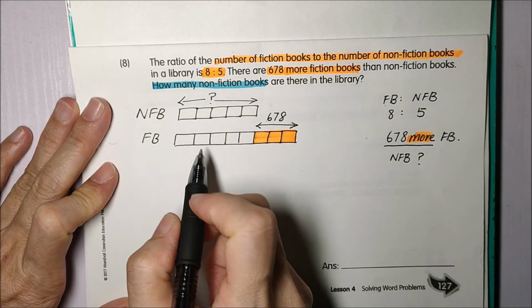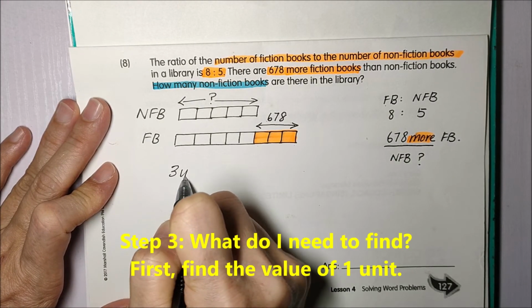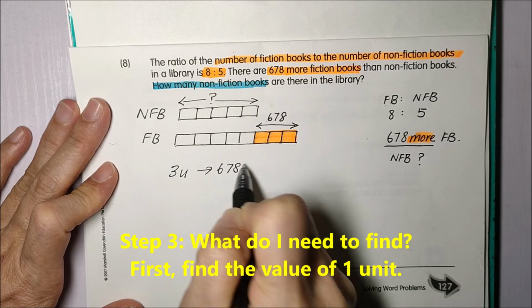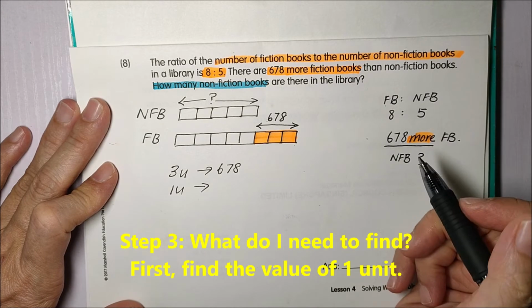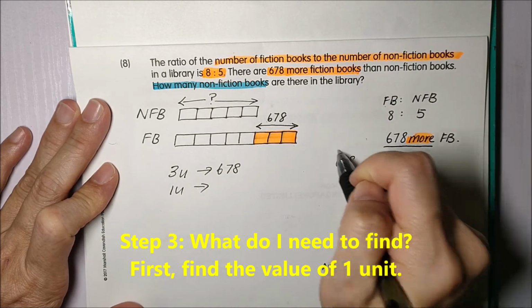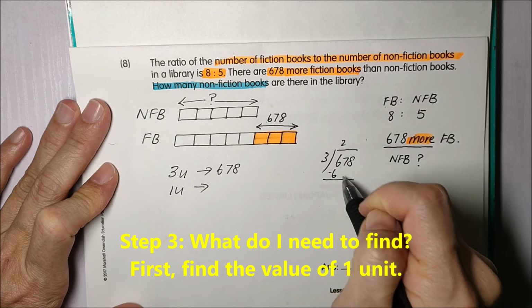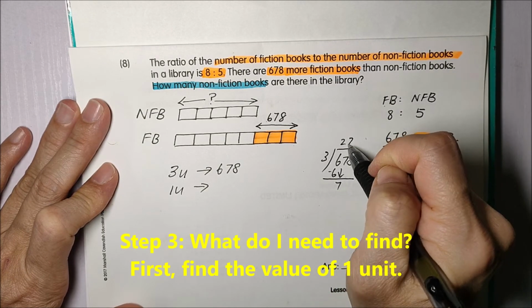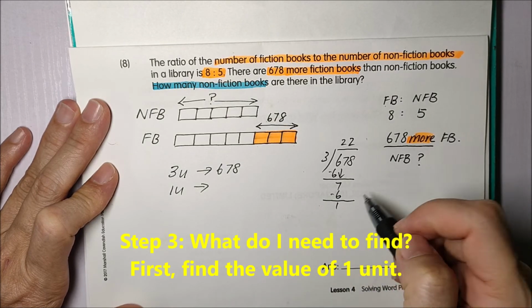Therefore, 3 units is 678. 1 unit will be, let's do the working at the side. 2 times 3, 6. Bring down the 7. 2 times 3, 6. 7 minus 6 equals 1.